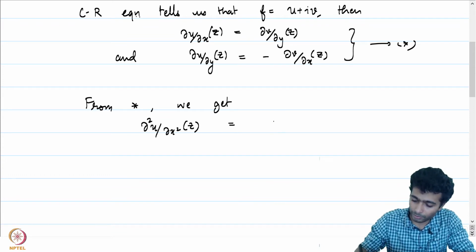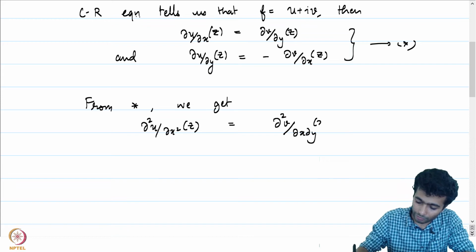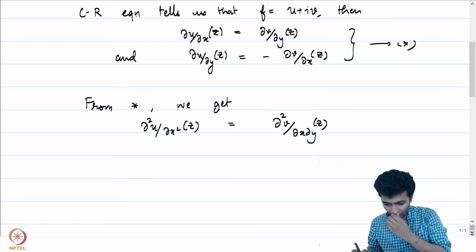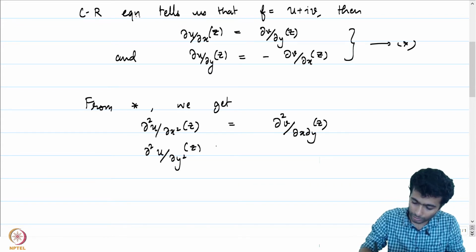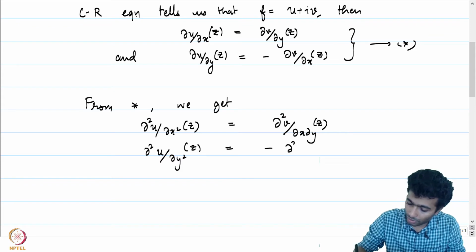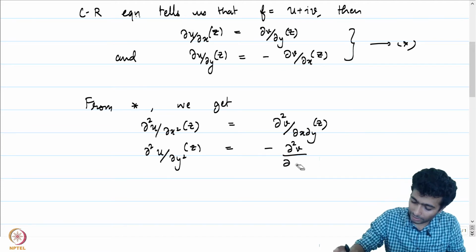This is going to be equal to ∂²v/∂x∂y of z. And what happens to ∂²u/∂y²? This is going to be equal to minus ∂²v/∂y∂x of z.